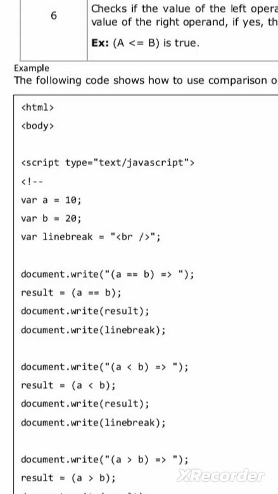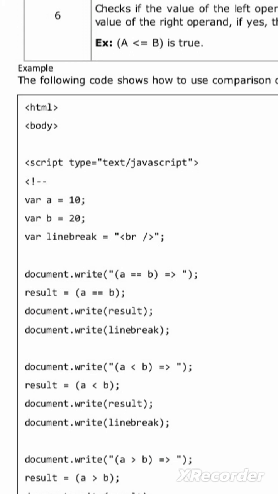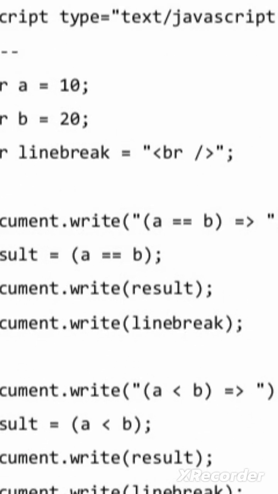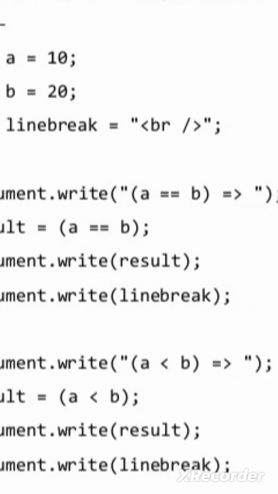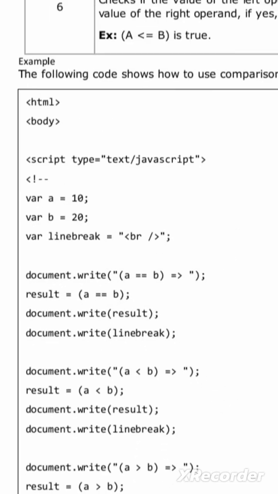Here is a simple example, just go through it. Variable a is having value 10, b is having 20. Then I'm checking the condition in document, in the brackets. Here a equals to b, and I'm storing it in result and writing the result, and it is returning true if a is equals to b.